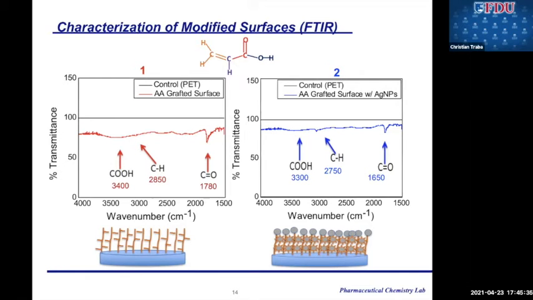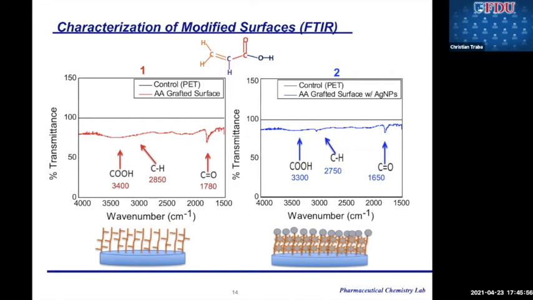Now, if we just focus on these two peaks, we see that there are other differences. And it's not just based off of the intensity. For example, our carboxylic acid group shifted from 3,400 in figure 1 to 3,300 in figure 2.